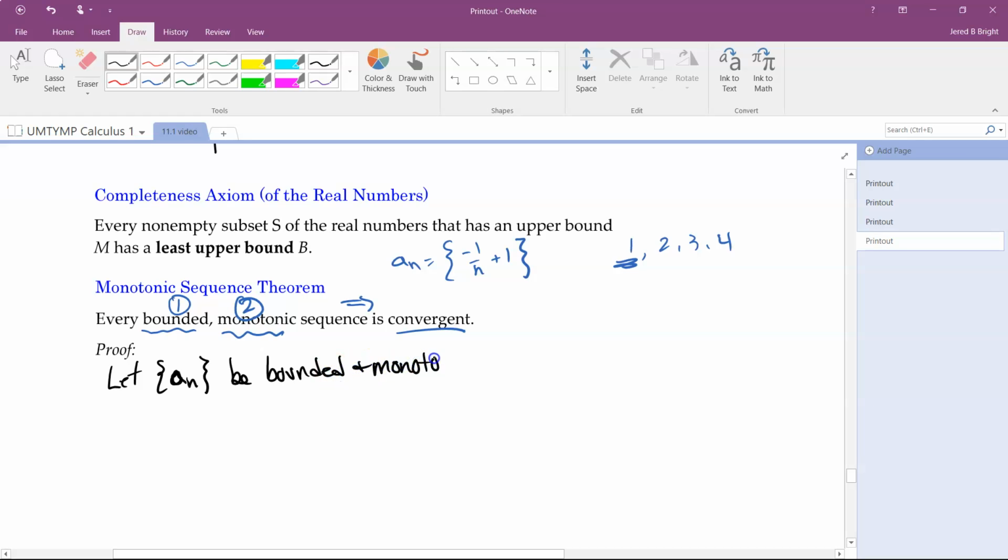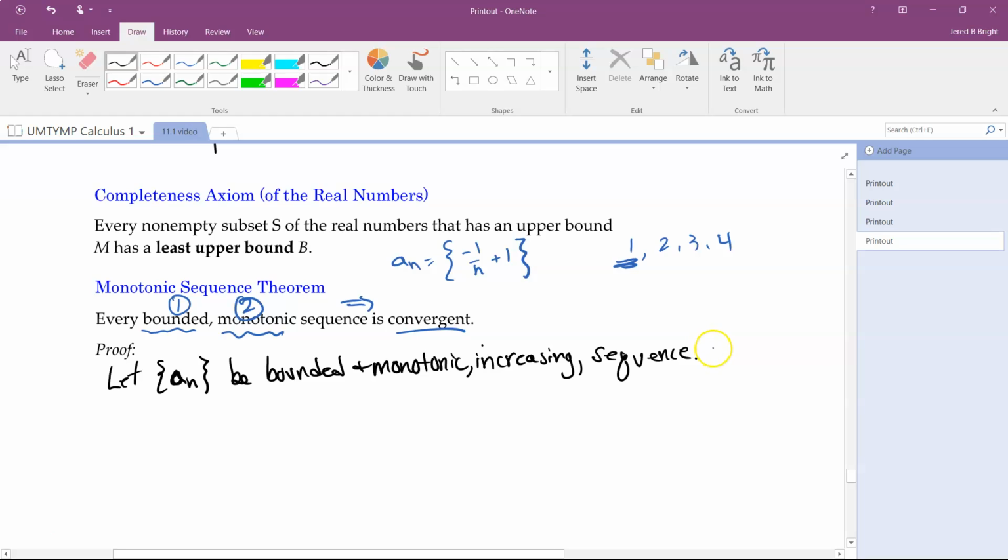We don't care if it's monotonic increasing or decreasing, but for this case we're going to say it's a bounded monotonic increasing sequence, and the proof for decreasing is similar.